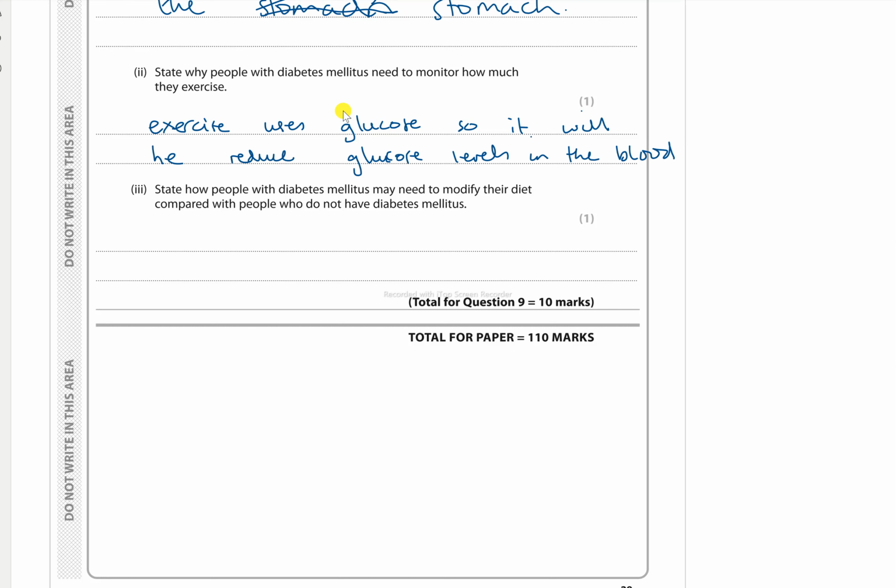There you go. State how people with diabetes mellitus need to modify their diet. Right, so they need to control the number of carbohydrates or sugars in their diet.